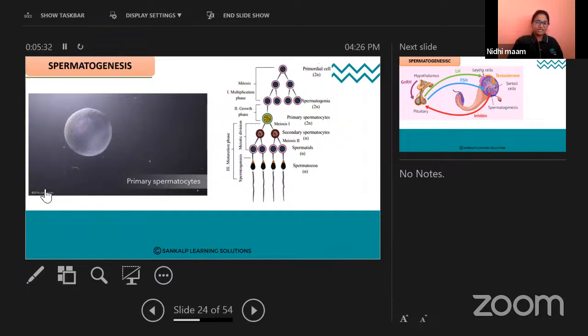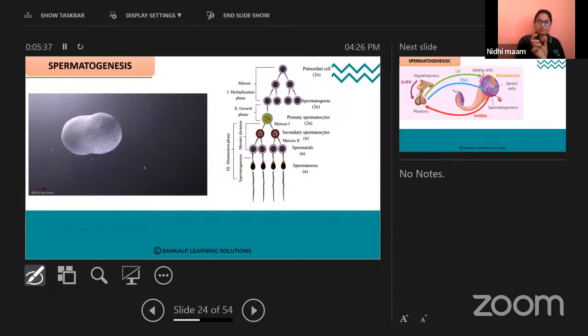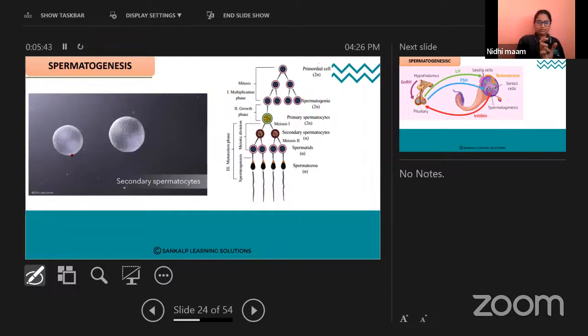Remember, these are also diploid. The primary spermatocyte will undergo, sorry, meiotic division to form a secondary spermatocyte. The secondary spermatocyte will undergo meiotic division to form spermatids.